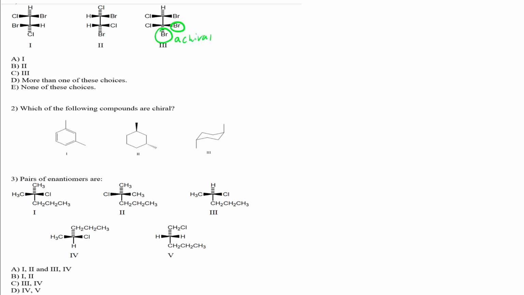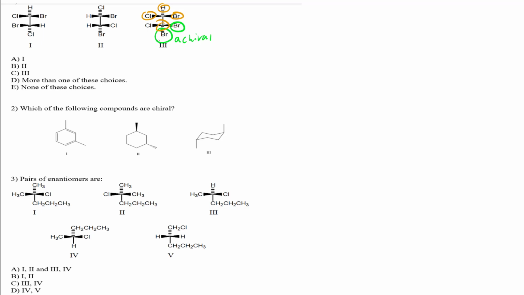Okay, well, what about the guy in front of him? What about the upper carbon? Well, this carbon has a bromine, a chlorine, a hydrogen, and a carbon group that is different. So this carbon right here is completely different from the top one, and because of that, you could say that it's chiral.